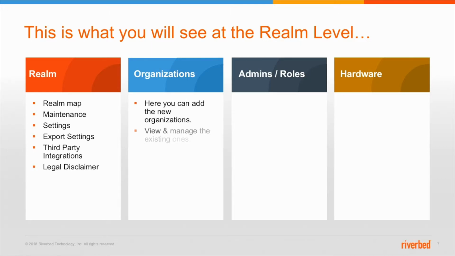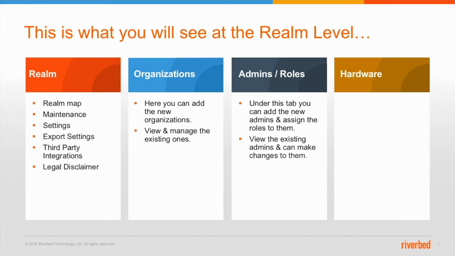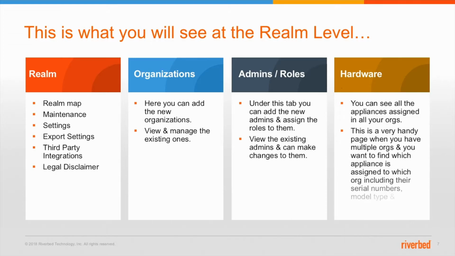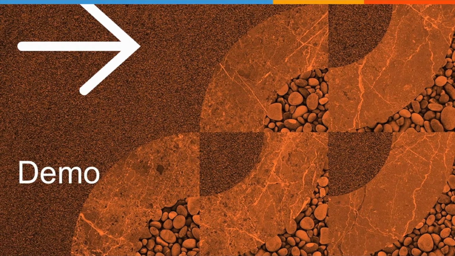Under organizations, you can add new organizations, view and manage the existing ones. Under admins, you can add new admins and assign roles to them. Under hardware, you can see all the appliances which are registered in all your organizations. So let's review all these things in a short demo.